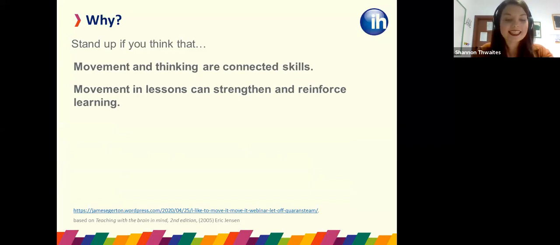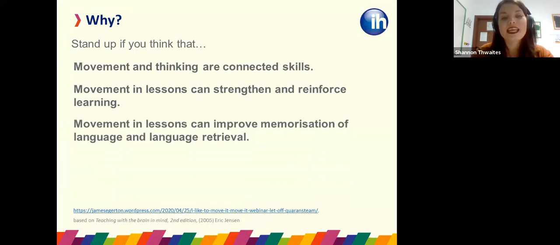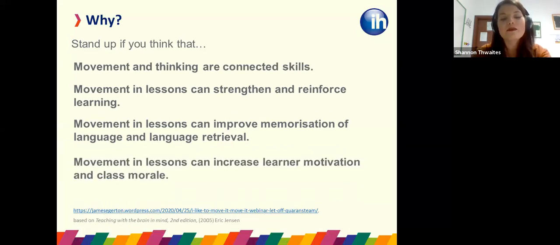And sit down and stand up if you think that movement in lessons can improve memorization of language and language retrieval. And sit down and stand up if you think movement in lessons can increase learner motivation and class morale.